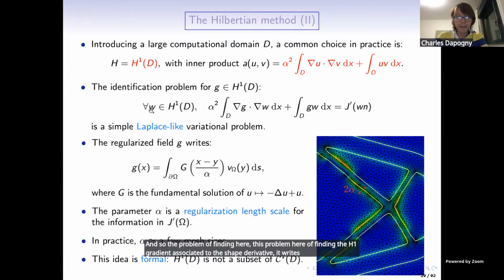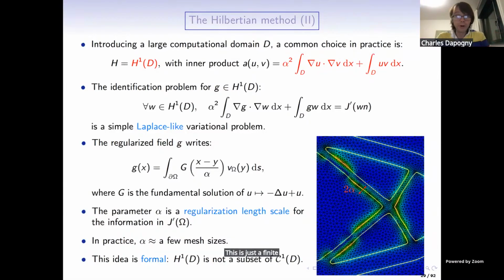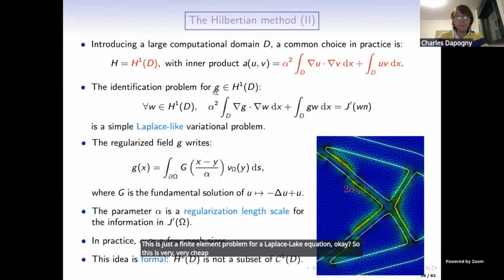We search for the function g such that for any function w in H1 of D, this equality is satisfied. This is just a finite element problem for a Laplace-like equation, okay? So this is very, very cheap to solve. Because if we solve this, then g here will be a regularized H1 gradient for the shape derivative, okay?